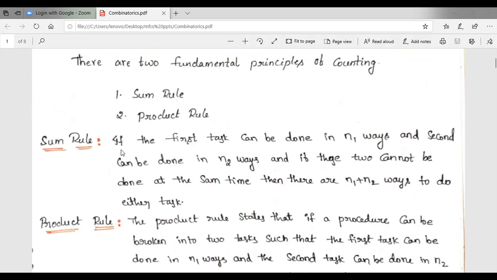Sum rule: if the first task can be done in n1 ways, and the second task can be done in n2 ways, and if these two tasks cannot be done at the same time, then there are n1 plus n2 ways to do either task. So that is called sum rule.